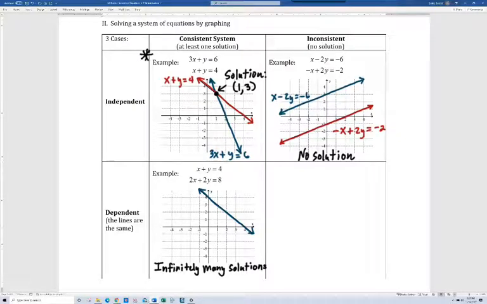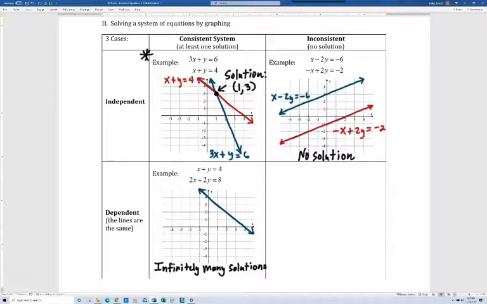Now the other thing I want to discuss is what we call consistent and inconsistent, dependent and independent. If you look at the first column here, the first case where (1, 3) is our solution, anytime you have a point of intersection as your solution, you're going to have a consistent system.